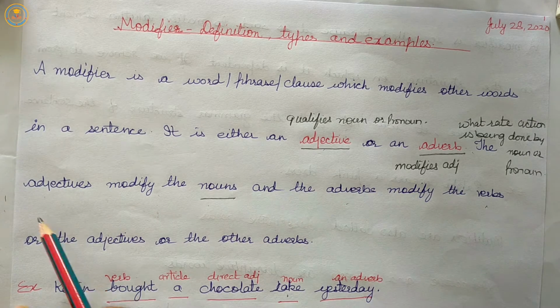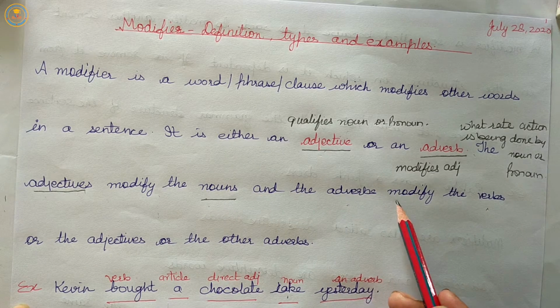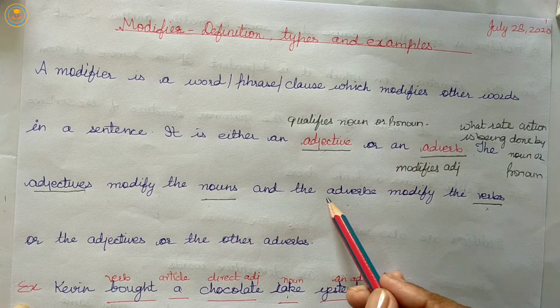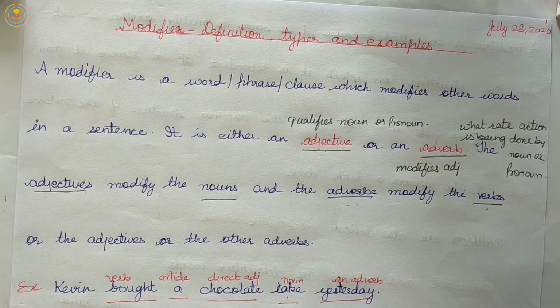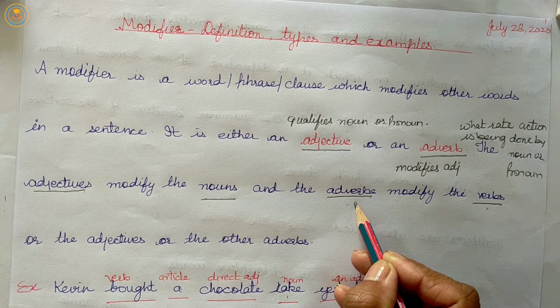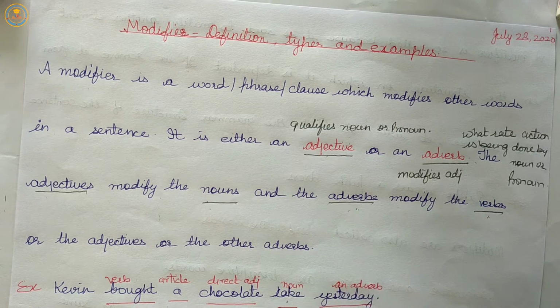So, the adjectives modify nouns and the adverbs modify the verbs, or the adjectives or the other adverbs also. Here it tells us more about adjectives or the other adverbs in the given sentence.